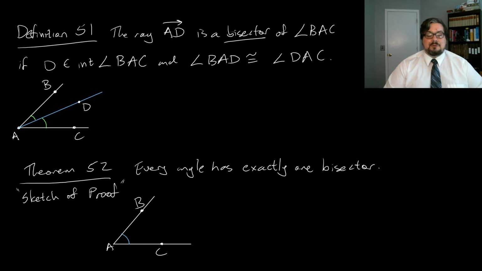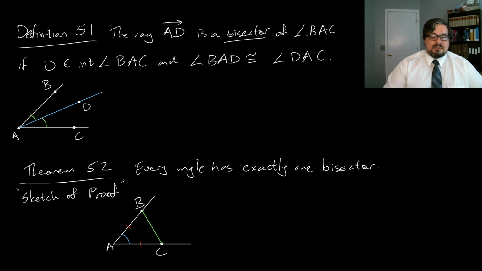We can move it back and forth along the ray. And in particular, we can go ahead and choose B and C along these rays such that they have equal distance from A, so that the segments AB and AC are congruent to one another. This isn't asking much.